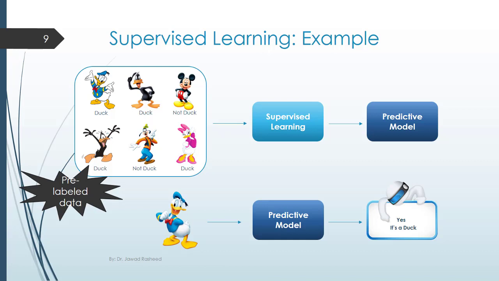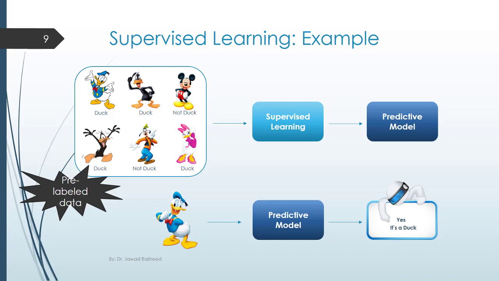The training data is fed to the algorithm, and the algorithm is trained on these pictures. The result of the supervised learning model is a predictive model which is capable of associating the label duck or not duck to the new images presented to the model. Once the model is trained, the resulting predictive model can be deployed to the production environment.